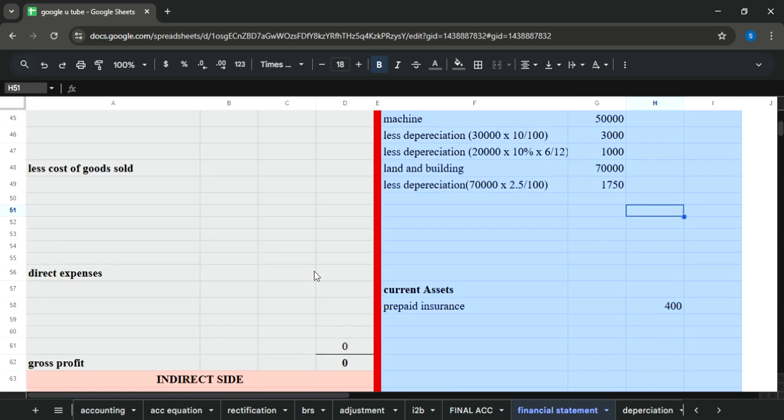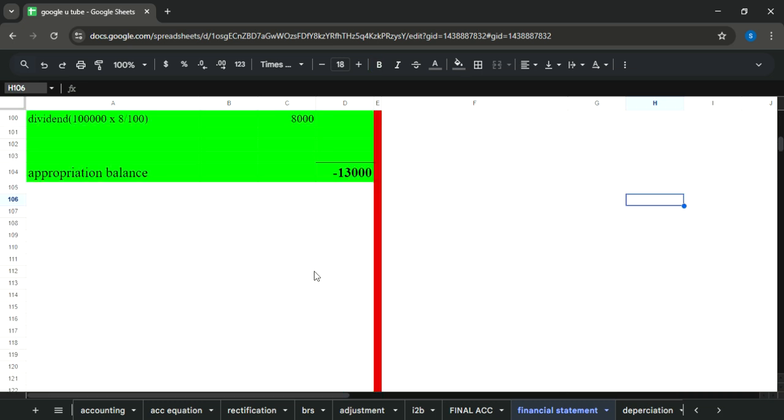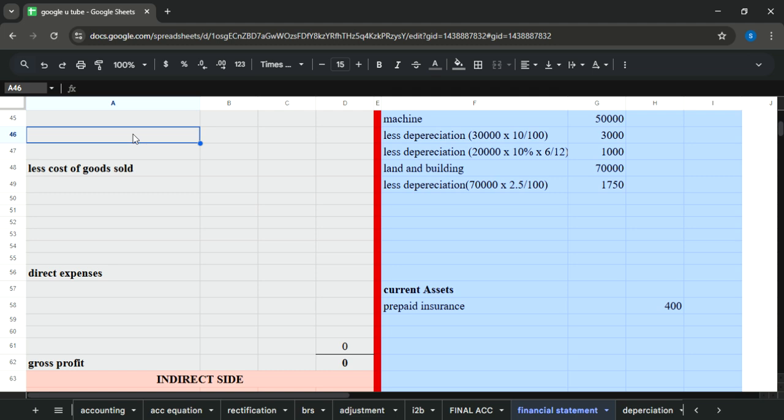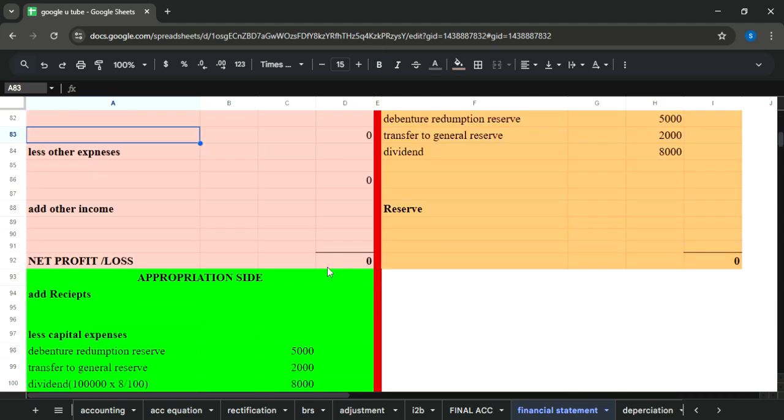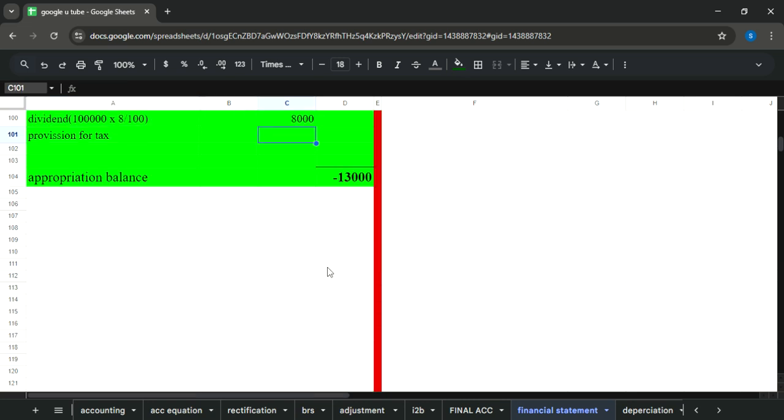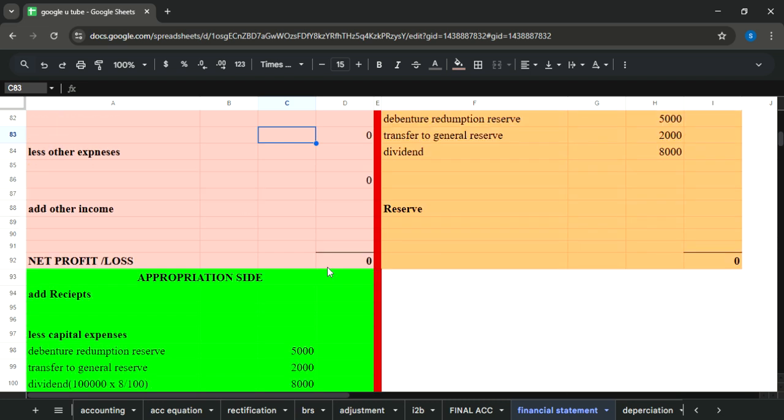This is also an appropriation activity, provision for tax. And how much provision has been made for tax? That is mentioned as 12,000. So let's write down 12,000 on the appropriation side, and we'll go to the current liability side.